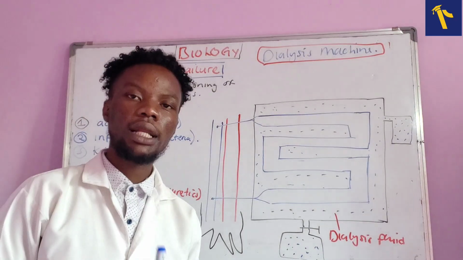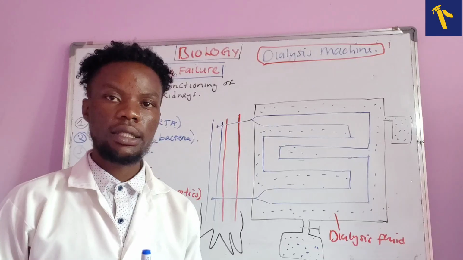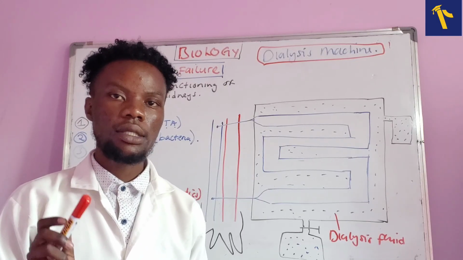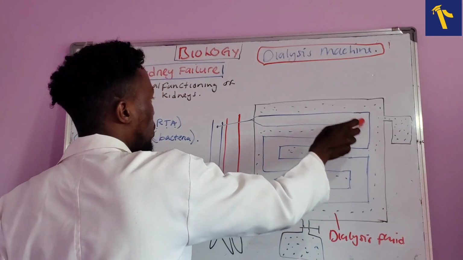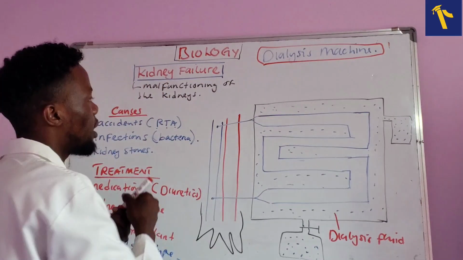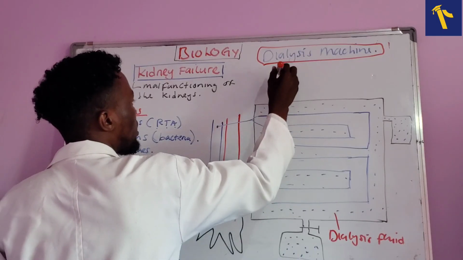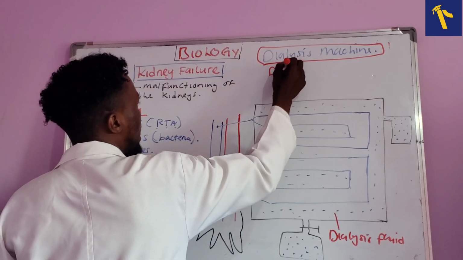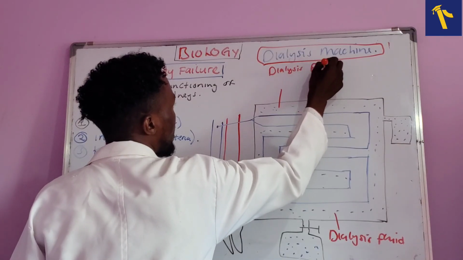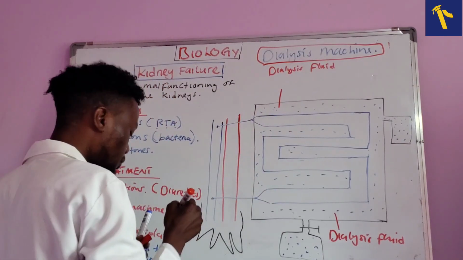The question that they like asking about the dialysis fluid is, what are the components of the dialysis fluid? What are the things that you can find inside this fluid? Let us write it here. What are those important things that you need to find there?